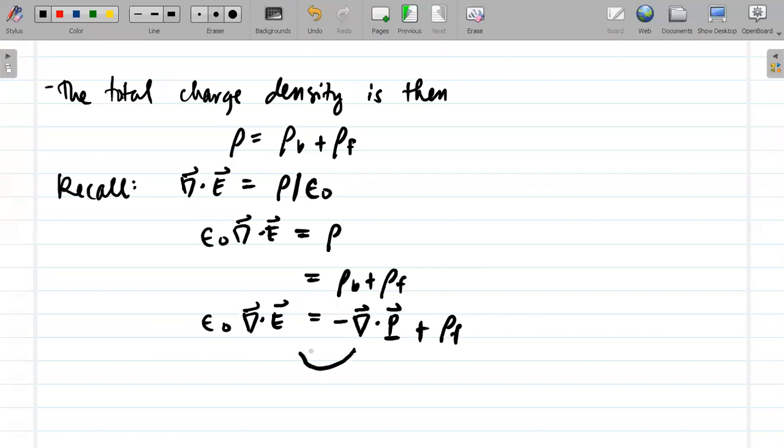So ito, ilagay ko dito sa left hand side. We will get divergence of epsilon naught E plus the polarization. That is equal to rho f.